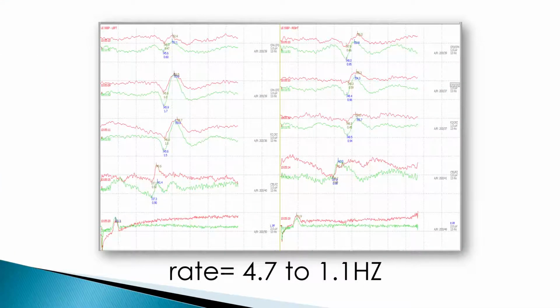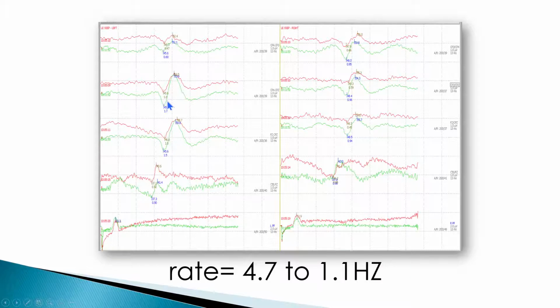Here's a lower SSEP that I did. Again, the left side and the right side, you got a peripheral response, subcortical, and then 3 cortical responses. This was me messing around with the rate. The red was using a rate of 4.7 to stimulate with to get these responses. I decreased the rate to 1.1 hertz and you get the green responses.